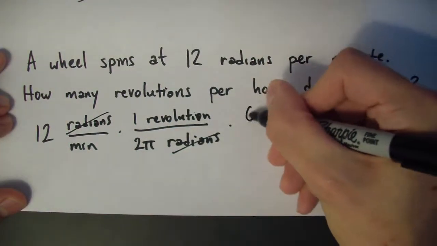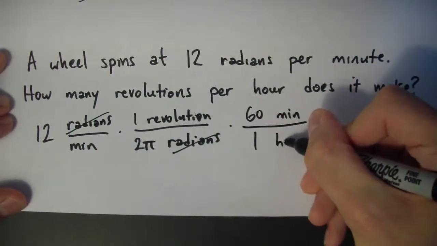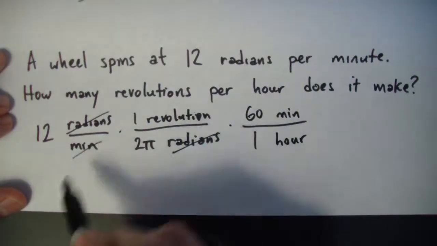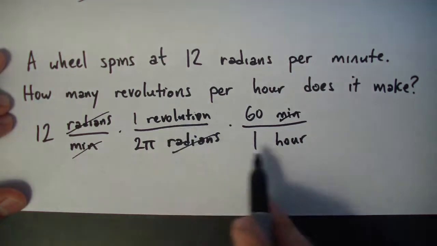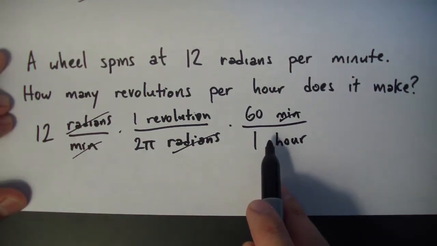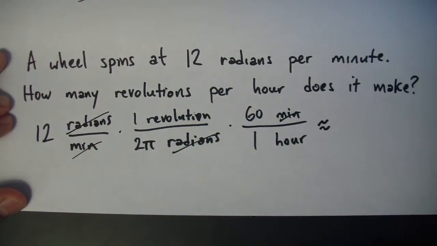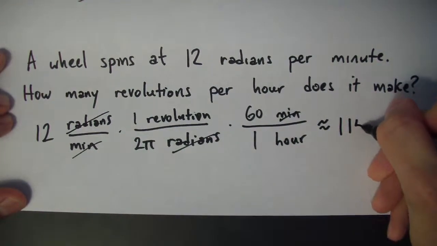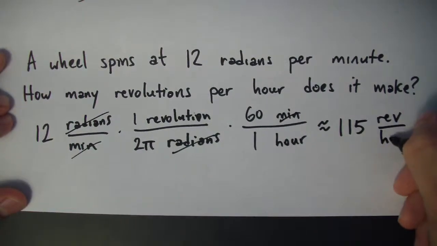We want 60 minutes is equal to 1 hour. And so now the minutes will cancel, and we have revolutions per hour, and we just need to multiply all of that out. And this comes out to be approximately 115 revolutions per hour.